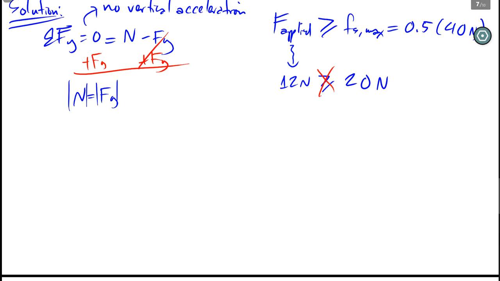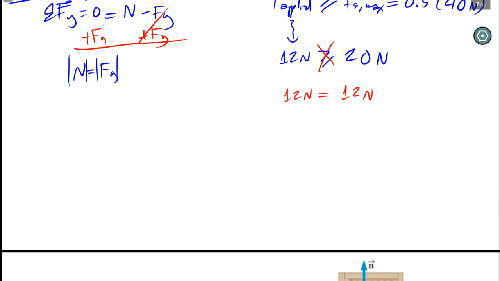So when that happens, the force of static friction will simply match whatever the applied force is, since it is a linear function. Remember, it's either less than or equal to mu s N, and in this case we're talking about the less than, which would result in 12 newtons.